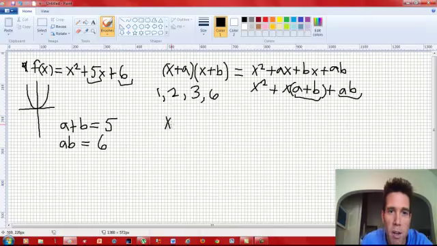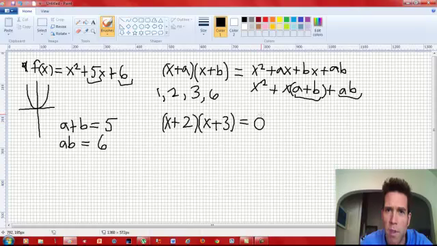So we'll just come down right here: x plus 2 multiplied by x plus 3 is equal to 0. And that is the solved version of it. This is factored out using FOIL, like I said, we covered in the previous lesson.